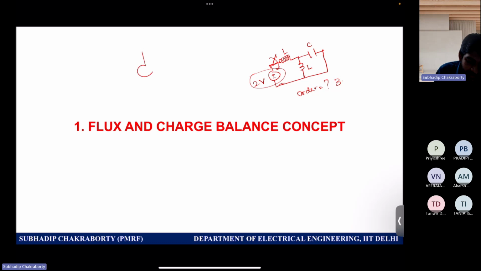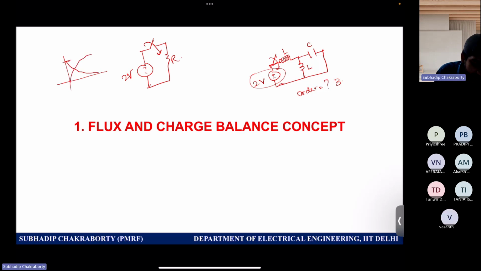For example, if I just give you a simple circuit with a resistance R, it is also a kind of transient, but that response you will not see. The kind of response that we see, either the decaying part or the rising part in a DC circuit, those kinds of transients you will not see if there is only a resistance, because the resistance neither offers any opposition nor gives any preference to the change in signals across it.